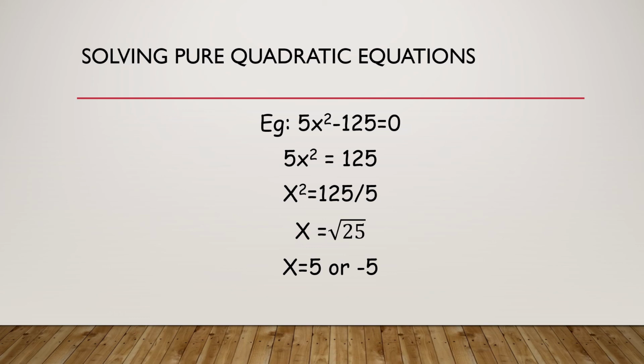The square root of 25 is 5 or −5. So x = 5 or −5. That is, if we multiply 5 by 5 or −5 by −5, we get 25. So the roots of x in this equation are 5 and −5.